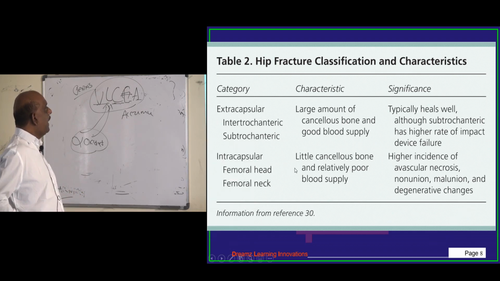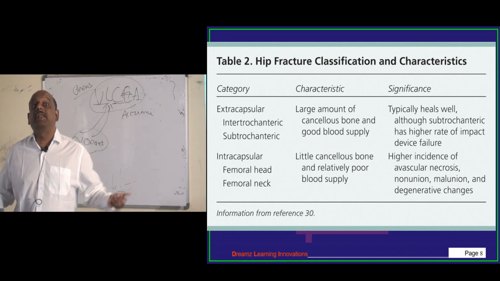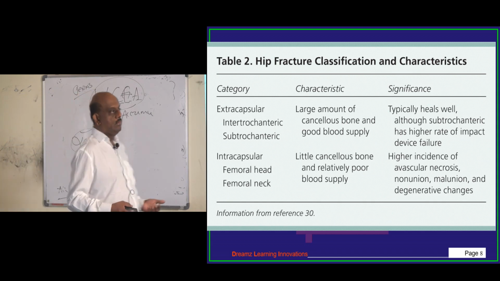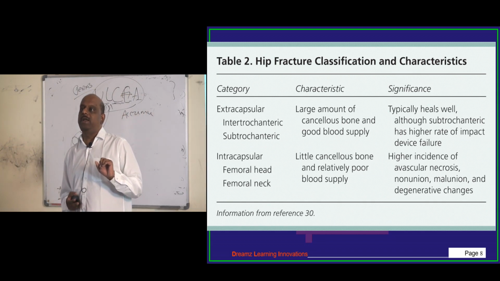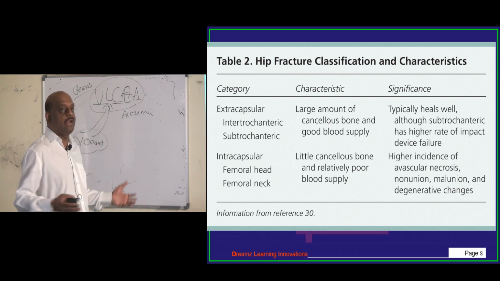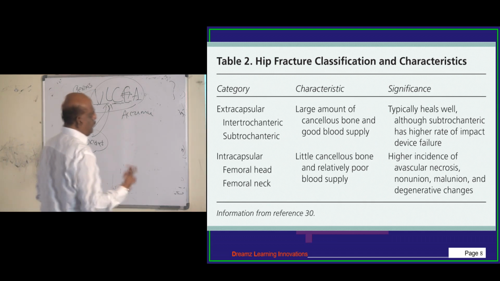Whereas extracapsular fractures heal very well, and the only thing is, if you happen to put a device to fix them, subtrochanteric fractures have a higher rate of implant device failure, is what you have to remember.